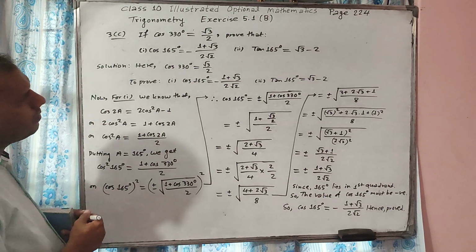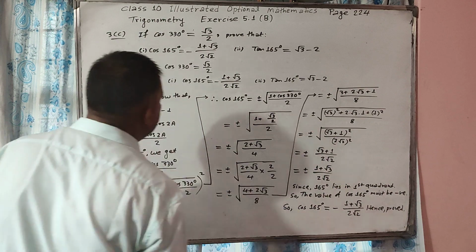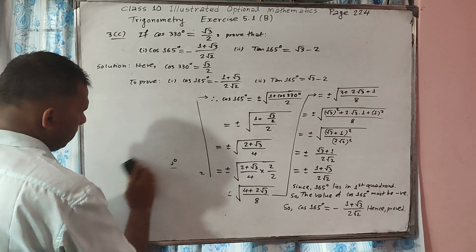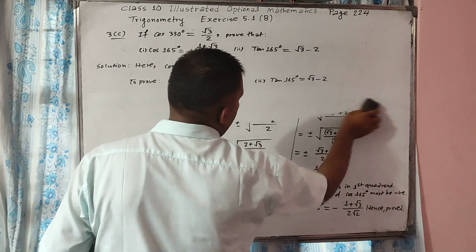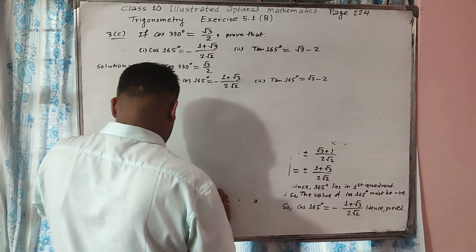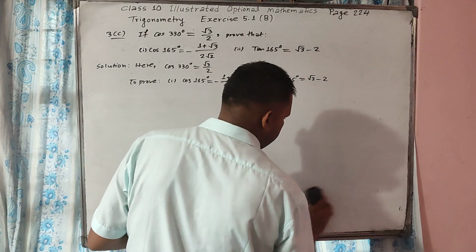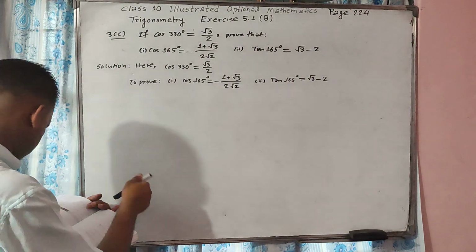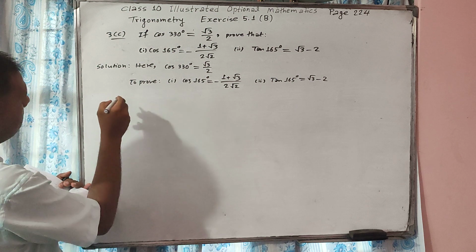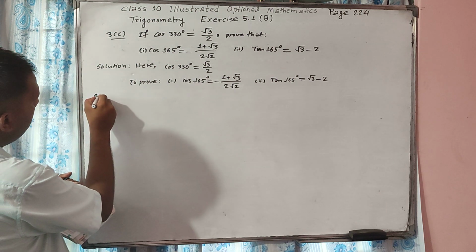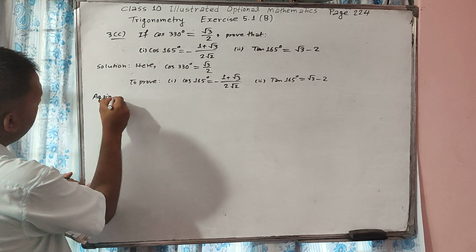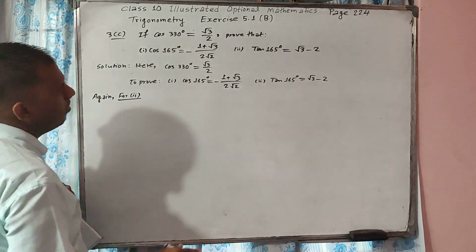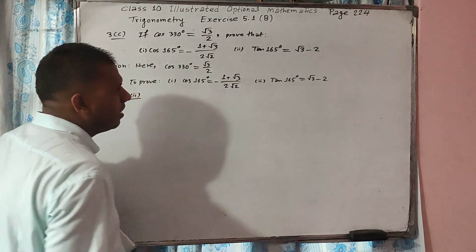Again for the second part. For 2, you have to prove tan 165 equal to root 3 minus 2.